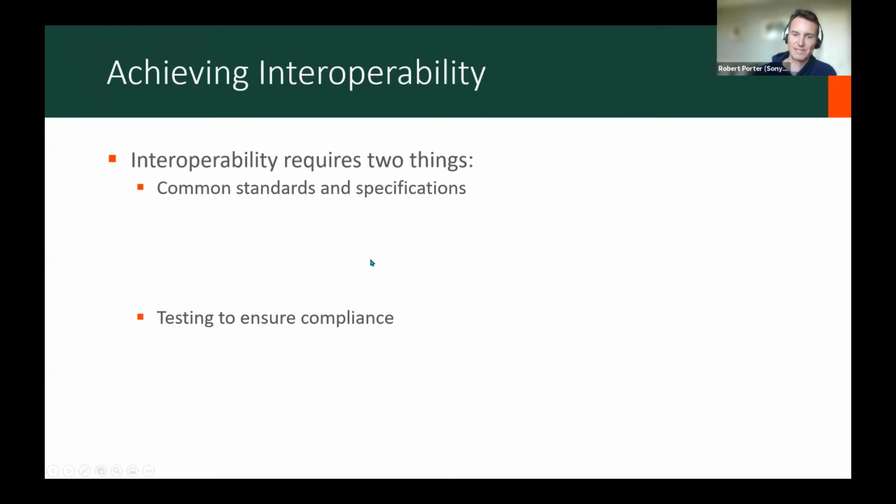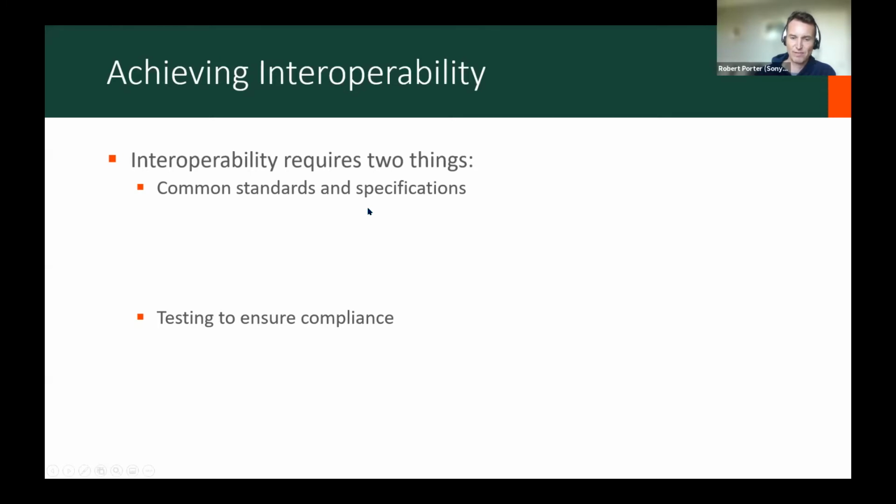So the objective of what we're doing is really to achieve better interoperability, and good interoperability requires two things: common standards and specifications that everyone follows correctly, and testing to ensure compliance, that is, making sure everyone is following the specifications correctly.